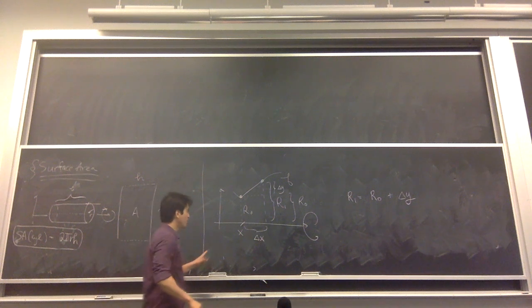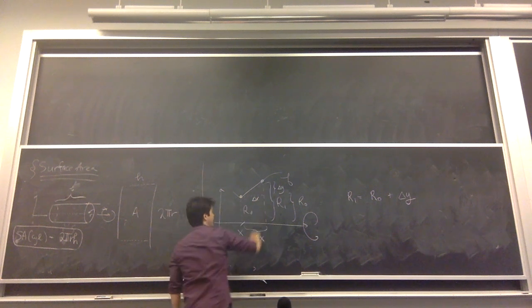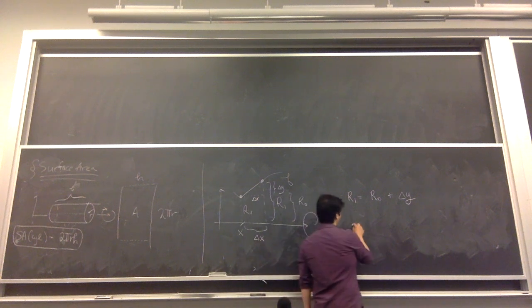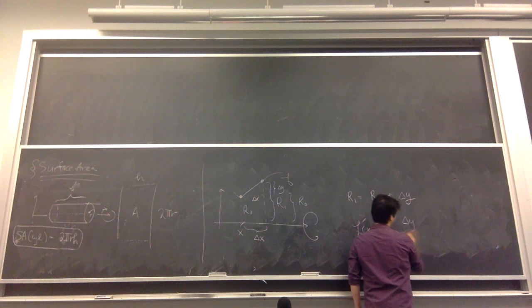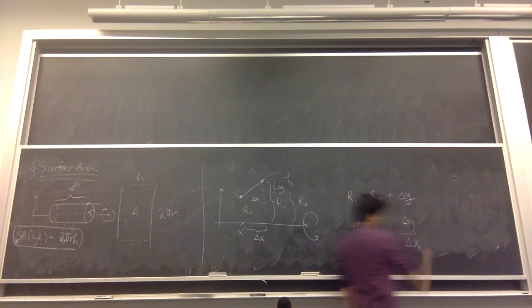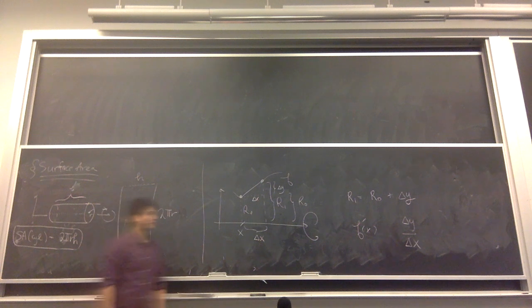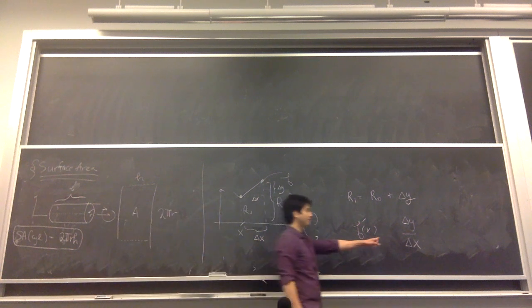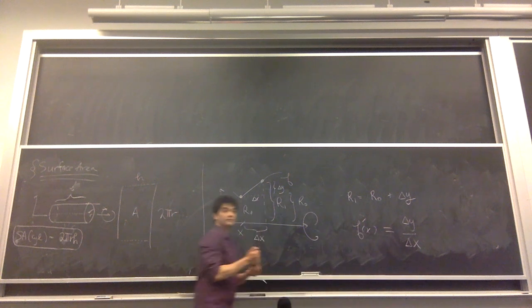But we also know, if this is delta y and this is delta x, and this thing is a line, what is delta y over delta x? What is the relationship between f prime of x and delta y over delta x? Derivative, slope. What symbol should I put in here? Equal. This is the definition.